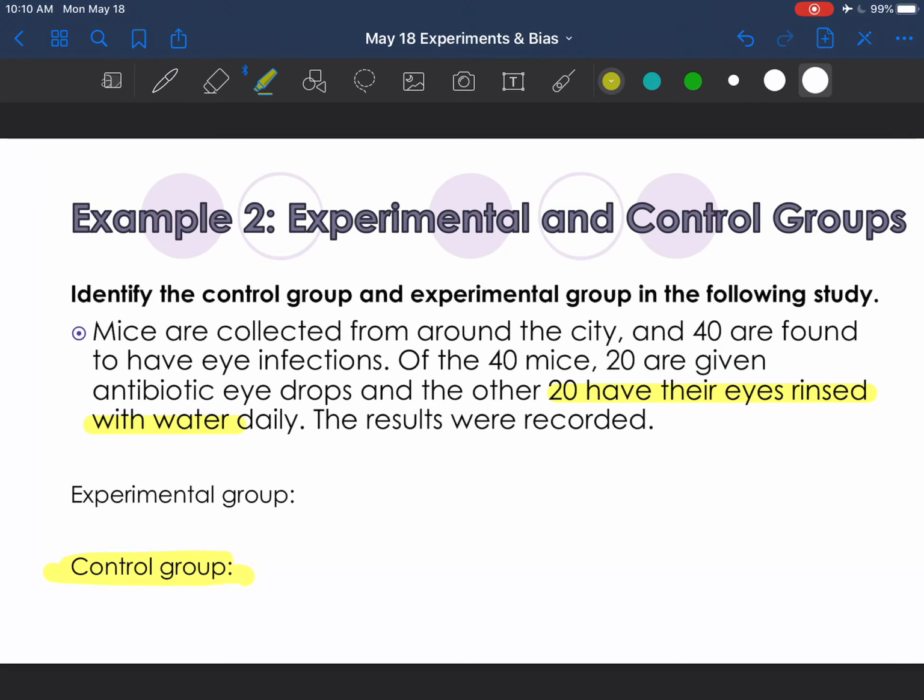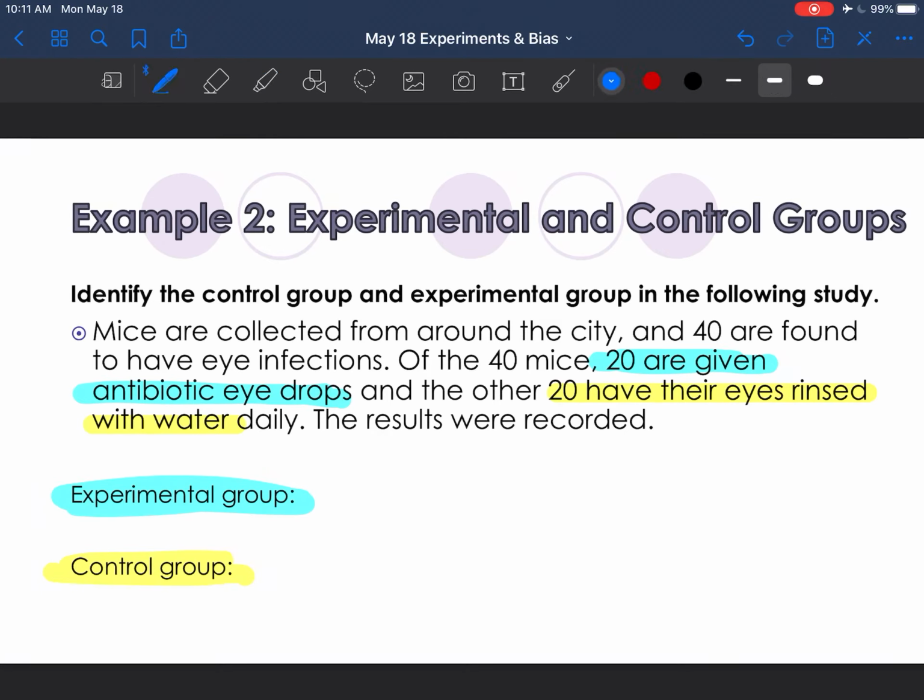Water is usually the control group, unless you're measuring the amount of water, but that's a different type of experiment. Rinsed with water is just the normal way to clean eyes. But if we want to find the experimental group, it's the one that's getting the treatment. It's the one that's getting something and testing the effectiveness of, which in this case would be the 20 mice that are given antibiotic eye drops.